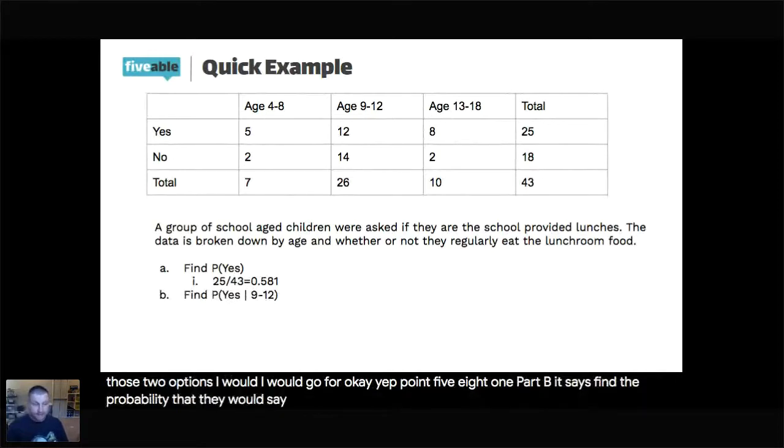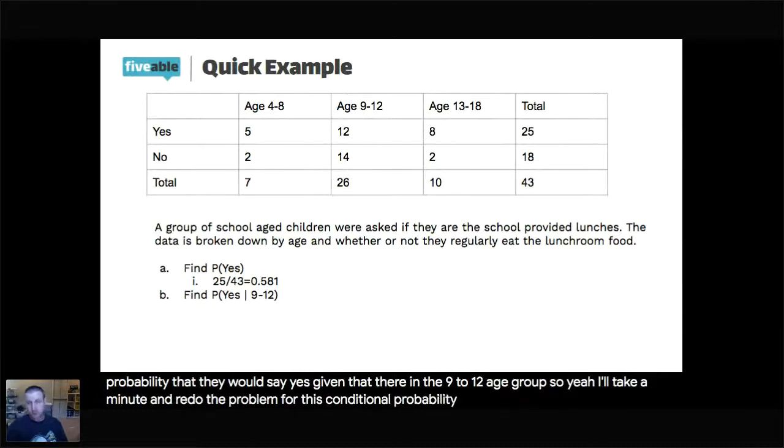All right, so then on part B, it says find the probability that they would say yes, given that they're in the 9 to 12 age group. So y'all take a minute and redo the problem for this conditional probability. All right, we got 12 out of 26.